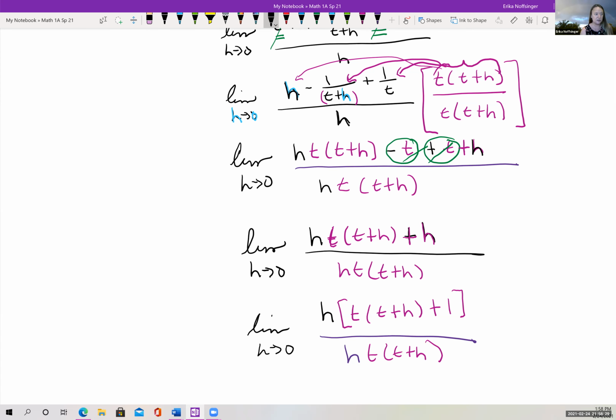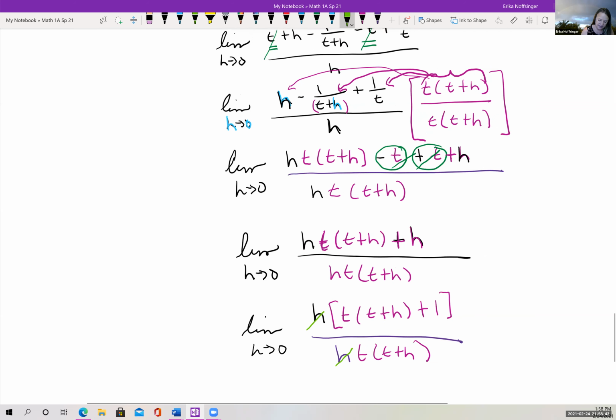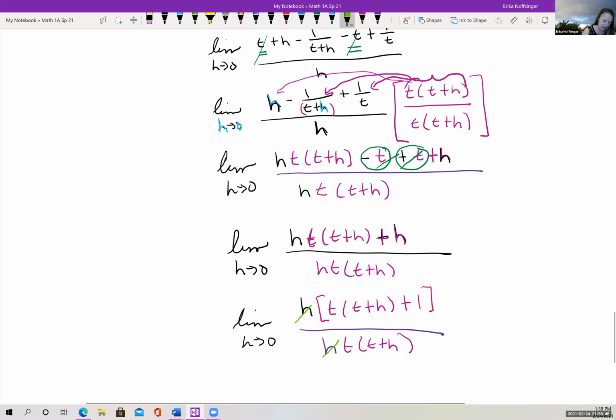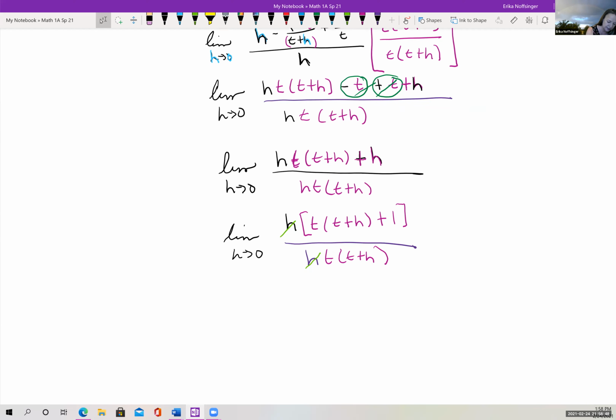Now we've made it where these h's cancel. If we plug in 0 wherever we see an h, we should come up with something other than 0 over 0, but let's just show it. This is t times the quantity t plus h, plus 1, all over t times t plus h.